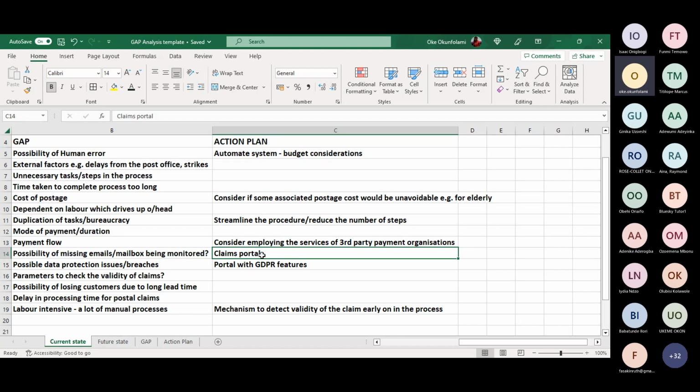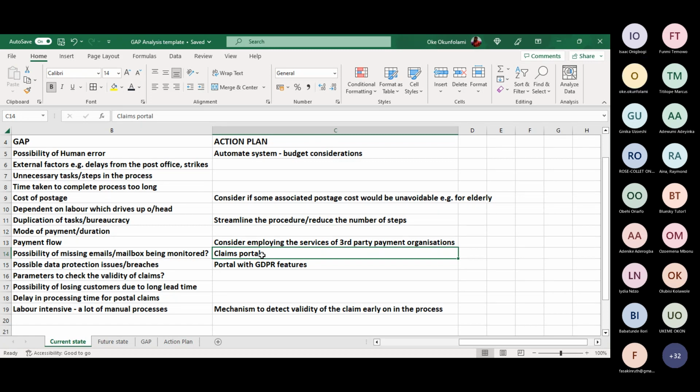But if we are encouraging people to use the claims portal, some people like all the Gen Zs will find it easier to just go on a portal and do everything. So that way we've driven the associated postage cost down, but we've also factored in the fact that we might not be able to totally eradicate postage cost, because there's some people, out of habit, who are comfortable sending paper copy of everything.